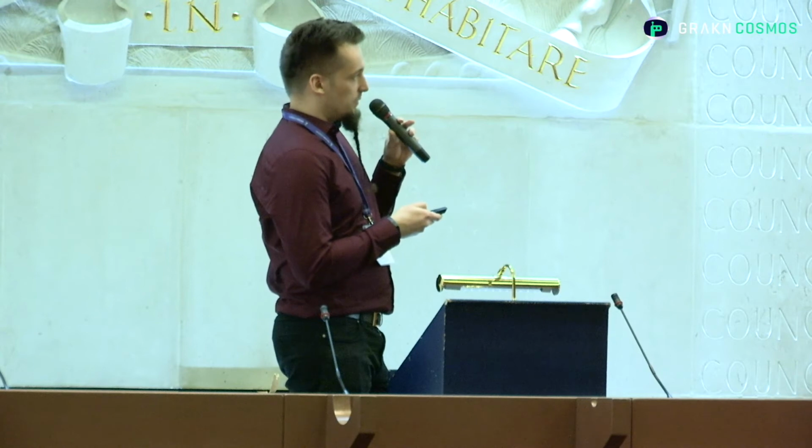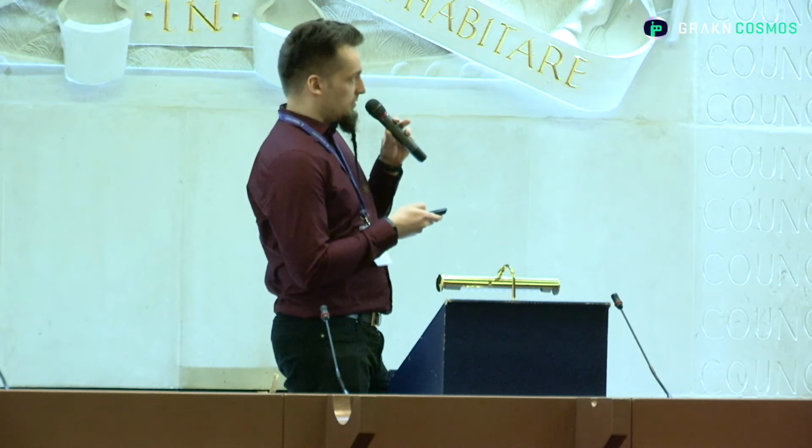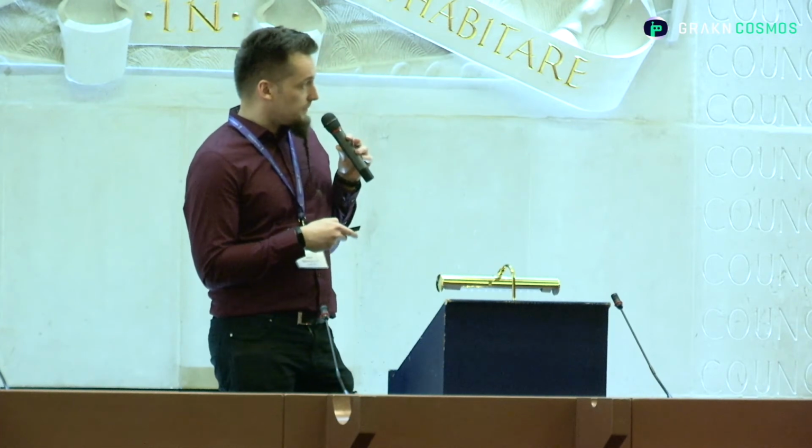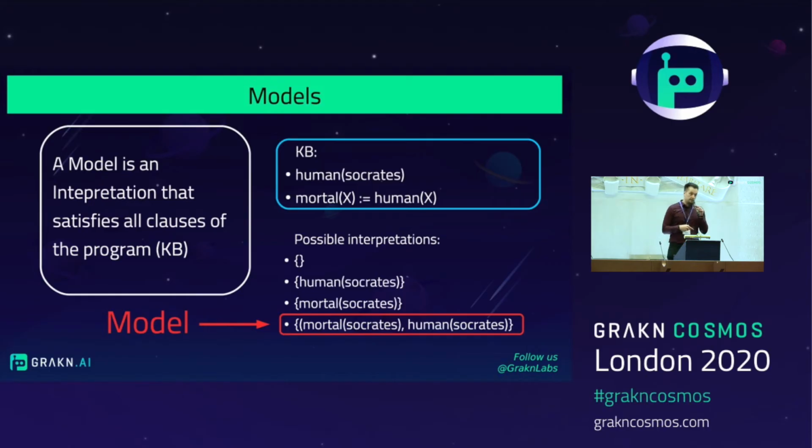So either the outcome is true if all the premises are true, or if one premise is false, then the outcome is false. In our example, the only interpretation that satisfies this condition is the last one. So there's only a single model out of our four interpretations. The final notion is a minimal model, which is simply a model that cannot be further decomposed into another model.